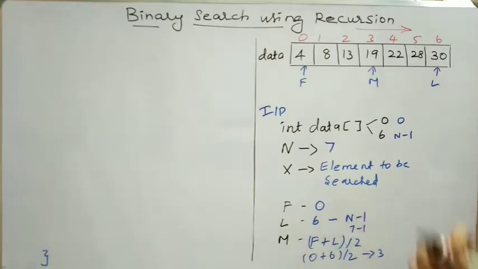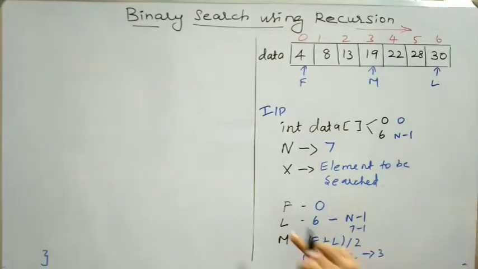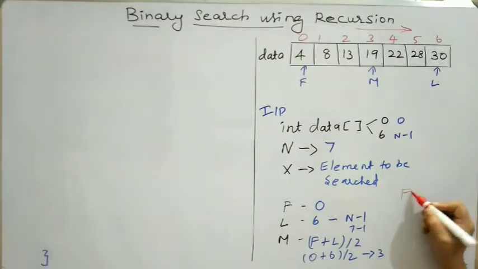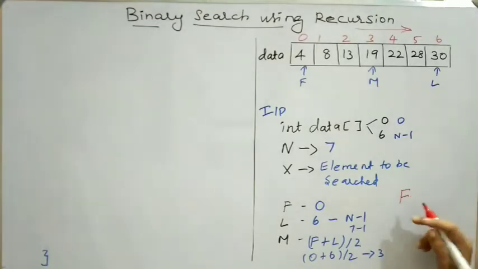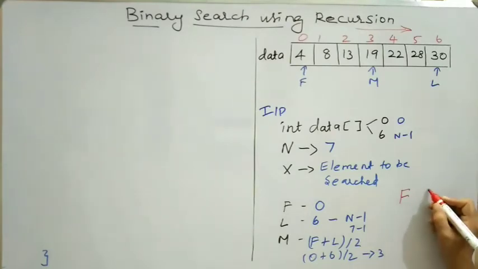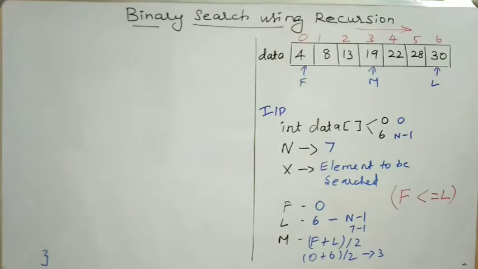So these were all my input variables. These 3 are variables which I am using during my process of binary searching. The values of f and l are used to specify how long I can continue my search process. Until f is less than or equal to l, I can continue my search process. If the value of f is greater than l, then the values of f and l have overlapped.